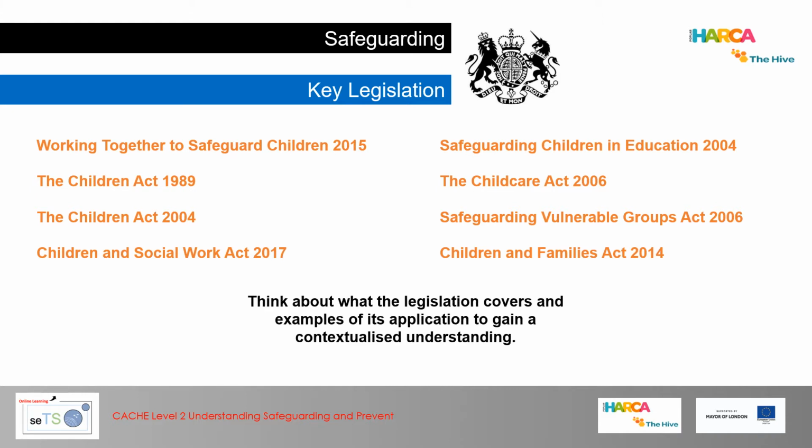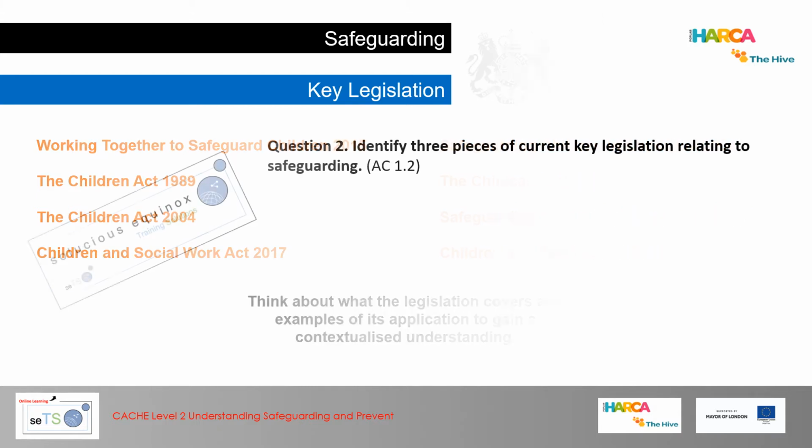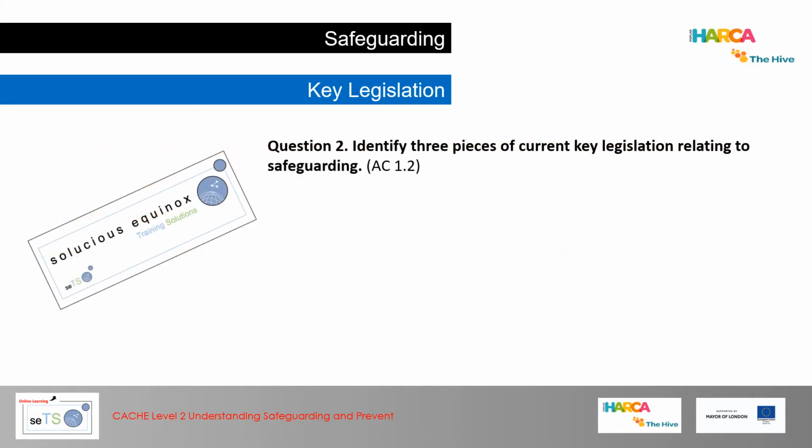And have a think about what the legislation covers and have some examples of its application to gain a contextualised understanding. Because question 2 is asking you to identify 3 pieces of current legislation relating to safeguarding.